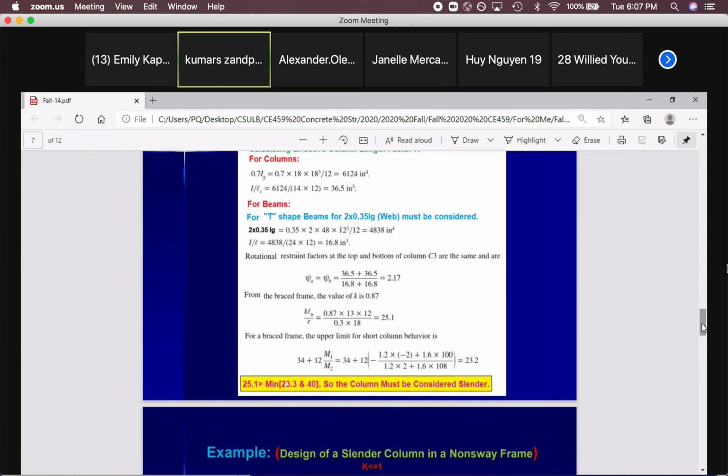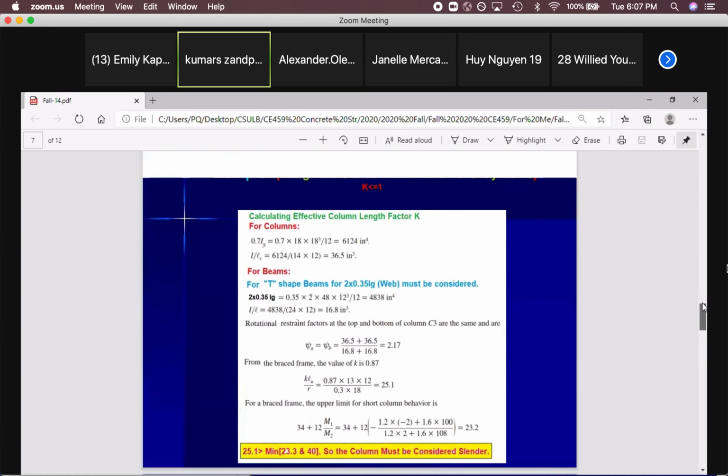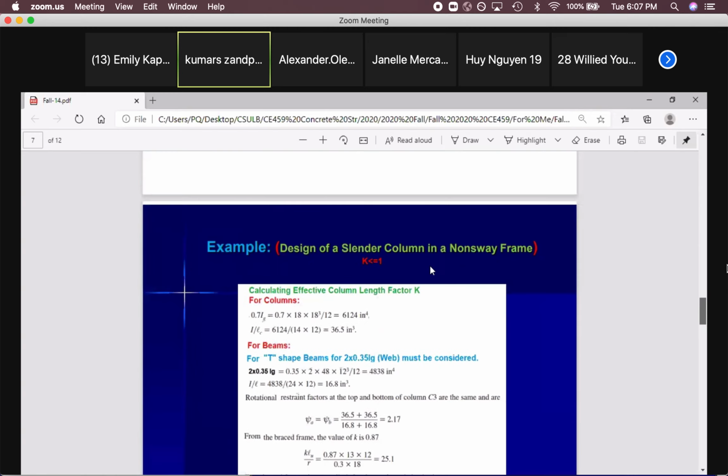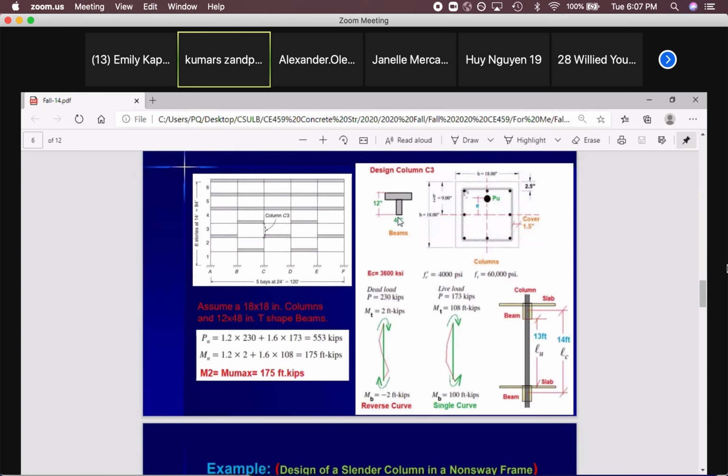As you can see, you have two columns, and they made that simple. All the columns are 18 by 18. All the beams are 12 by 48. Okay, so at A, I have two columns, EI over L for those two, divided by 2 EI over L for the beams.